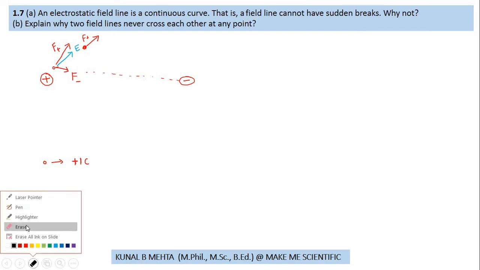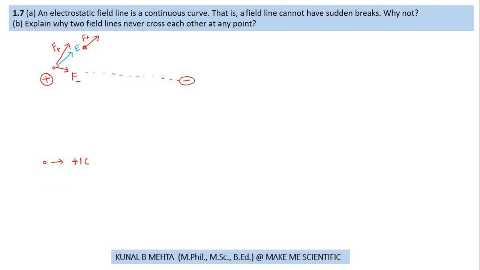We know that the forces are along the line joining the centers. So F negative would be this. Again, F positive is stronger, and F negative is smaller. So I need to draw again a smaller arrow, but this time I'm not going to erase it. I need to quickly wind up this class. So again, the resultant vector would be in this direction, and this is our resultant E.